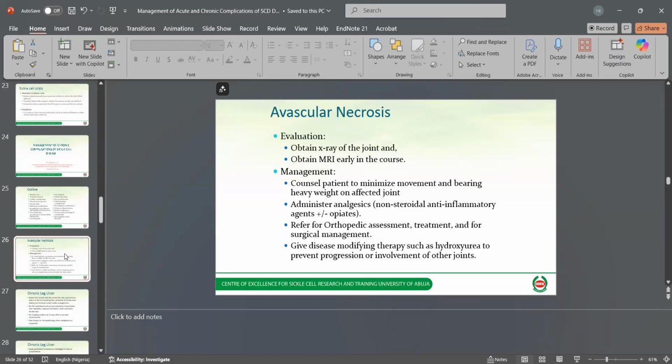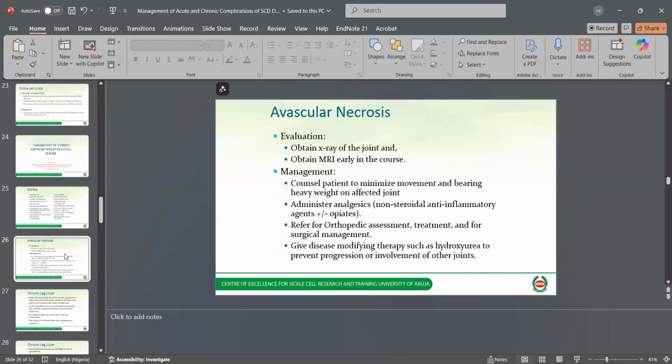Those are the joints that are at risk of developing osteonecrosis. Usually the head of the femur is a very common target of avascular necrosis, and other joint points can also be affected.